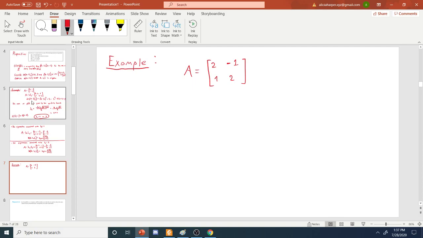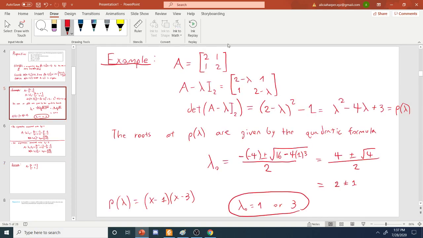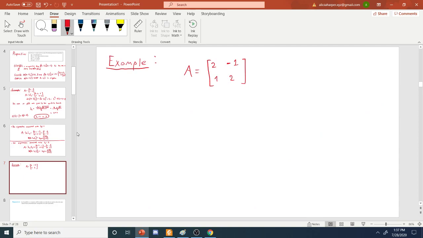So very similar to the previous example, except now I have a negative sign here. But I want to go through the same process of finding the eigenvectors and eigenvalues.